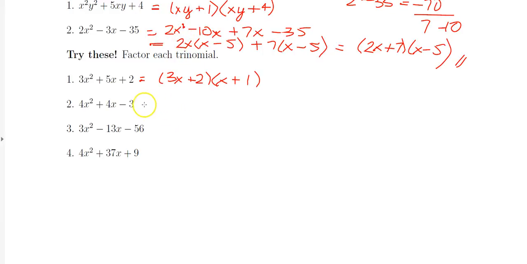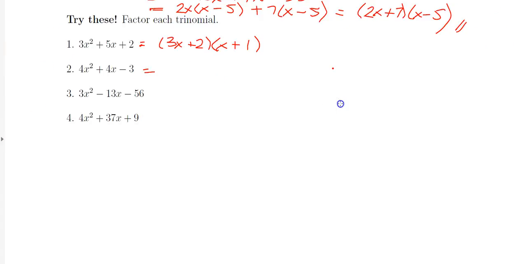So in number 2, I'm looking at factors of negative 12, because of the 4 times negative 3, that have a difference of 4. So I think 6 and negative 2 will help with that.